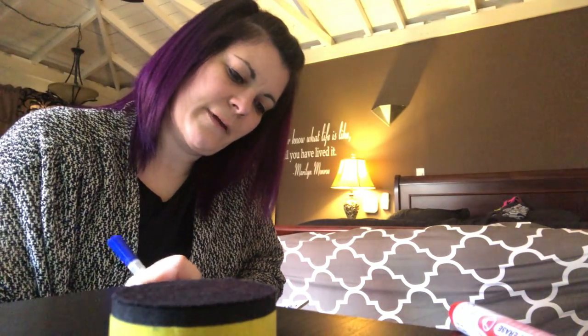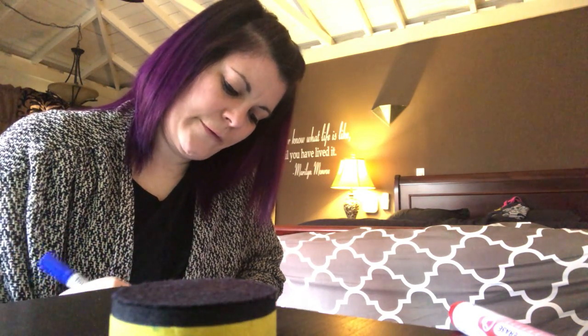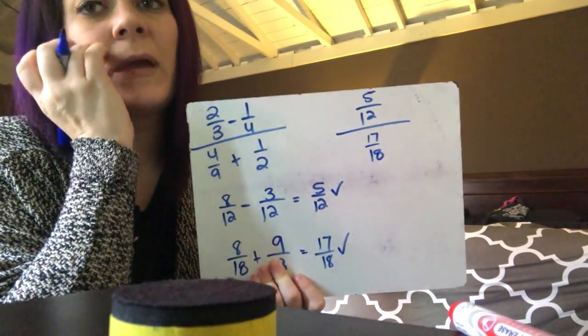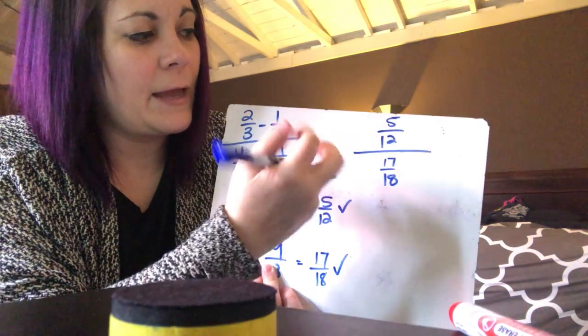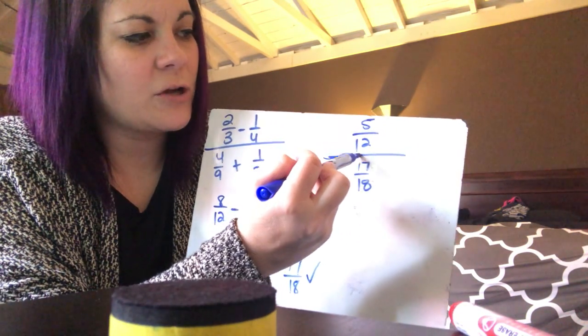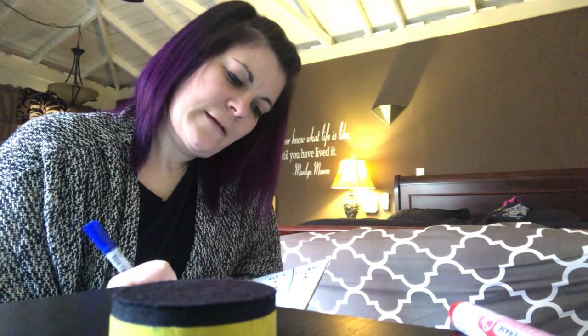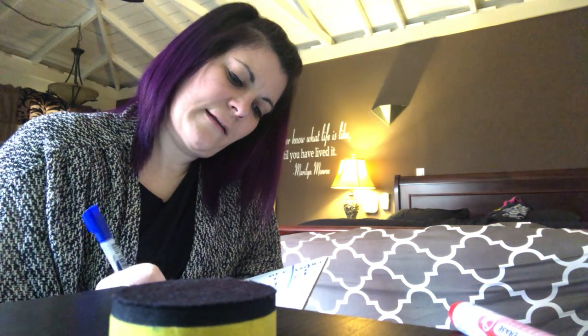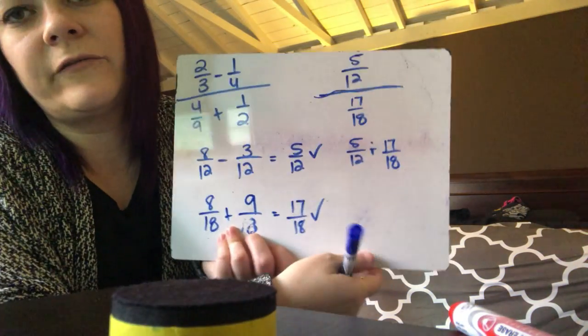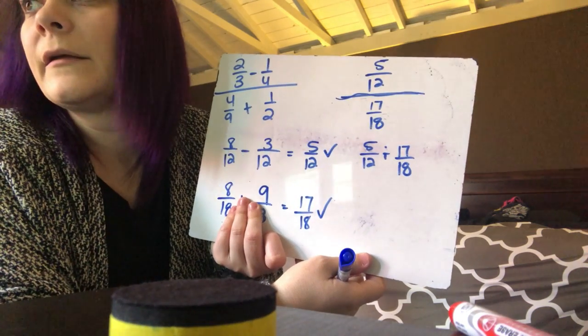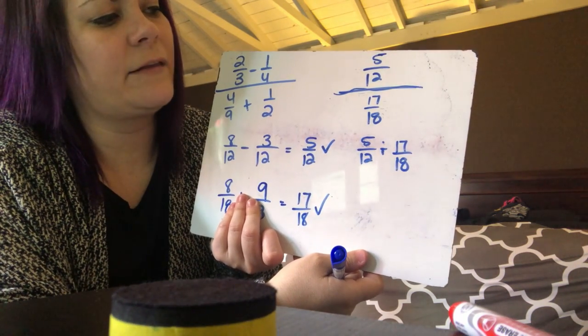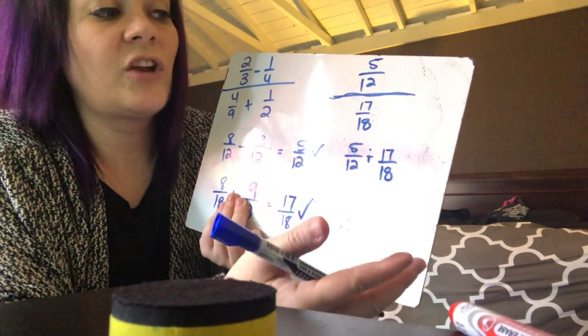So I'm going to rewrite my complex fraction. 5/12 over 17/18. And we remember that we can't have a fraction in our numerator or a denominator. So we have to simplify it by doing division because a fraction is just a division problem. 5/12 divided by 17/18, and then we are going to do keep, change, flip.